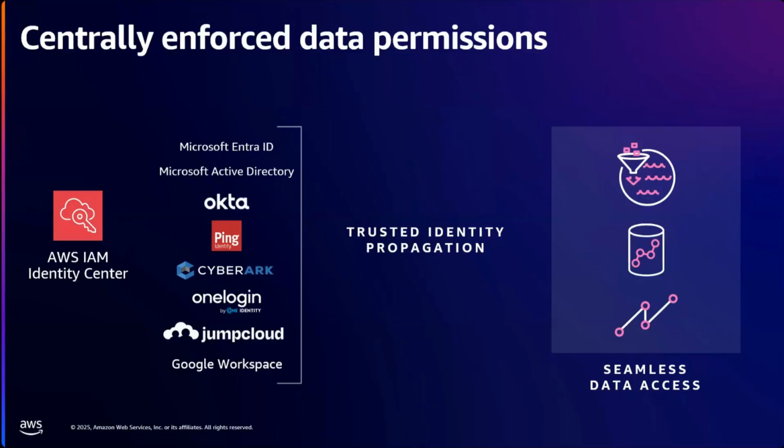With IDC, you can also allow trusted identity propagation, which you can configure with Redshift. So QuickSight can directly connect with Redshift using the IDC.